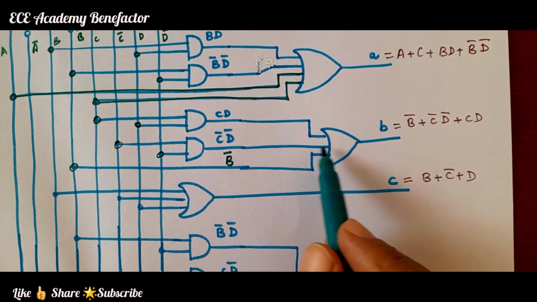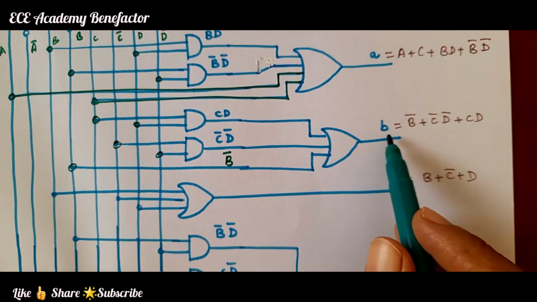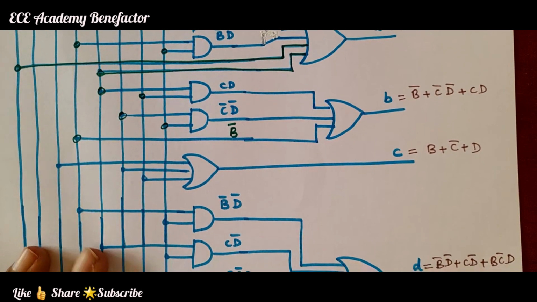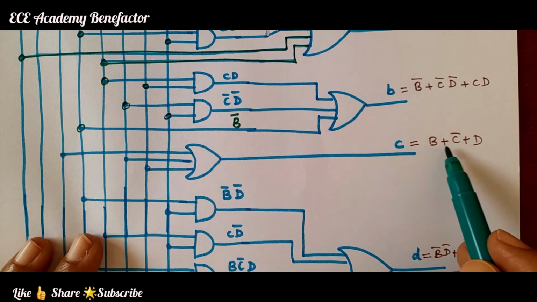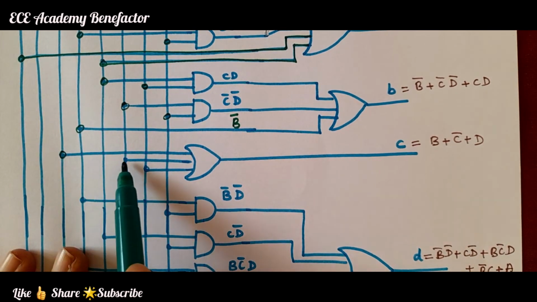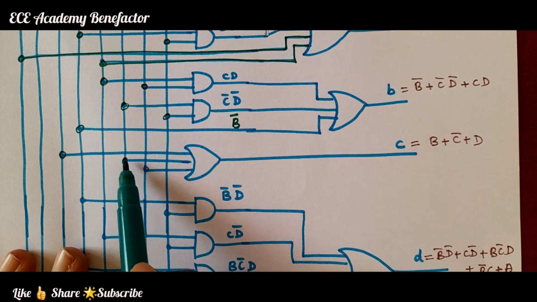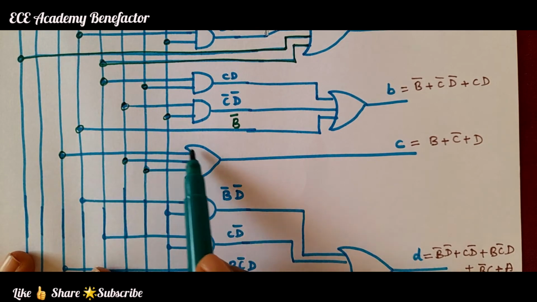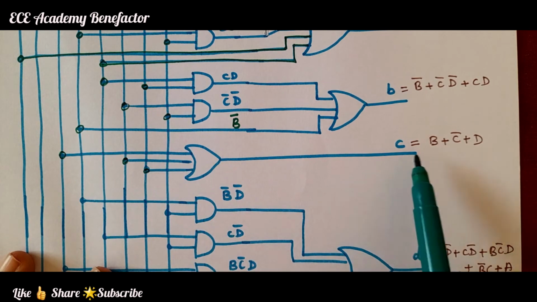All the 3 inputs are given to an OR gate to get the function B. Now for getting C, the function we got is B plus C bar D, connected to B, C bar, and then connected to D to an OR gate to get the function C.